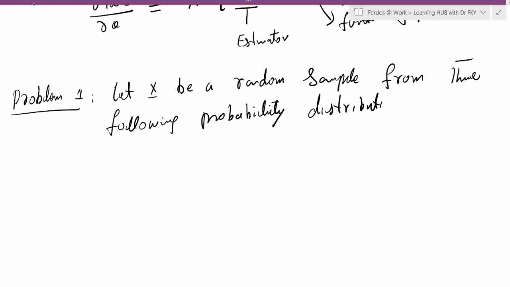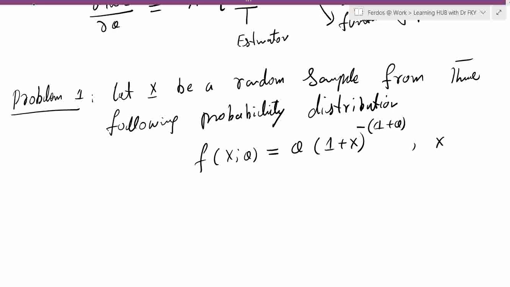That distribution you can write as f of x theta, that is the function of x and theta, that is theta times 1 plus x to the power of minus 1 plus theta, x greater than 0.